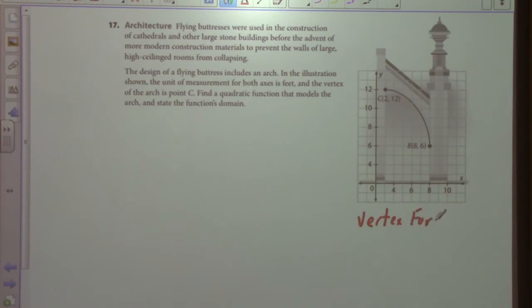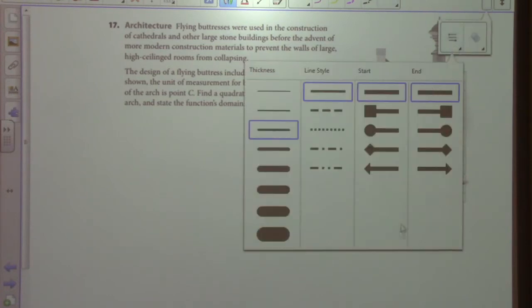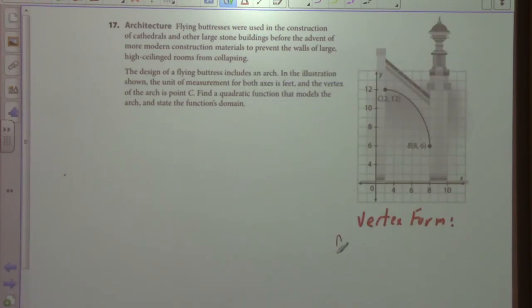It's a vertex form of a quadratic equation, and it is this one here. It's f of x is equal to a times x minus h squared plus k.